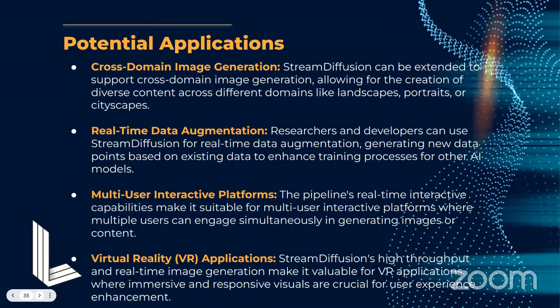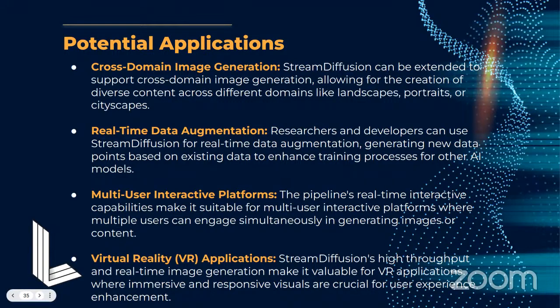The second last application is multi-user interactive platforms, where the pipeline's real-time interactive capabilities allow multiple users to engage simultaneously in generating images or content. We don't need one person to manage the platform; we can have several users at the same time. That is the advantage of stream diffusion.